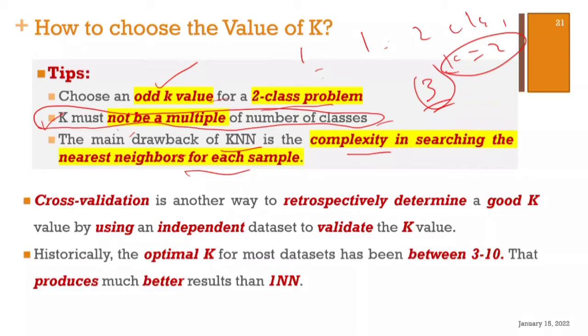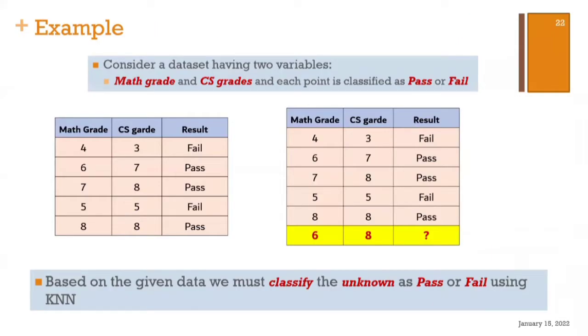It has to do that, then arrange them in ascending or descending order, as the case may be, to select the closest, that is those with the least distance to this new sample. Maybe I'm using 11 nearest neighbors. You select the first 11 that are closest to this new sample and take a vote. In these 11 samples, how many of them belong to class 1? How many belong to class 2? The majority will be the class assigned to this new sample. So imagine if the number of samples in the training set is very huge, then K-nearest neighbor might run into trouble.